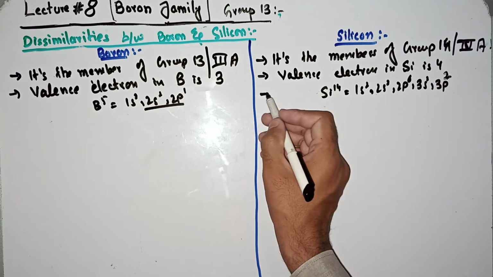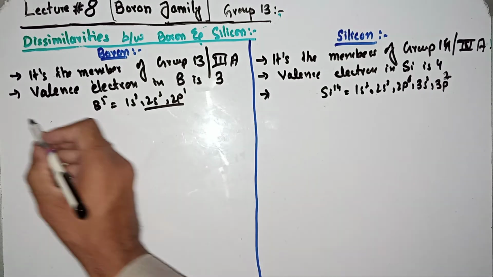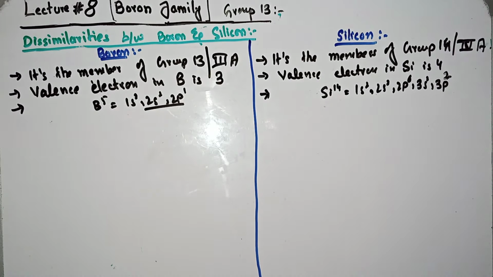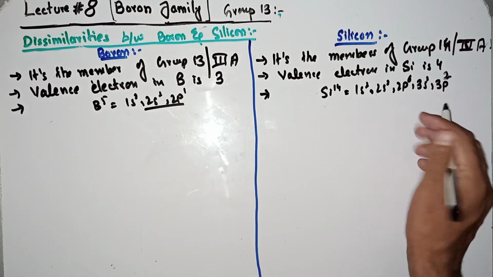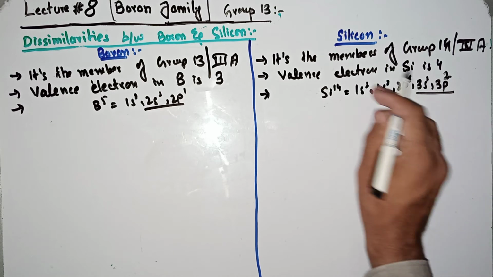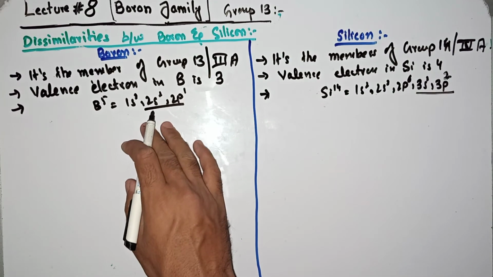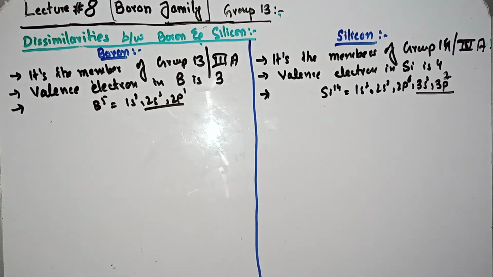This is the electronic configuration of silicon, while the other is that of boron. So silicon has 4 valence electrons, while boron has 3. I hope this point is clear.